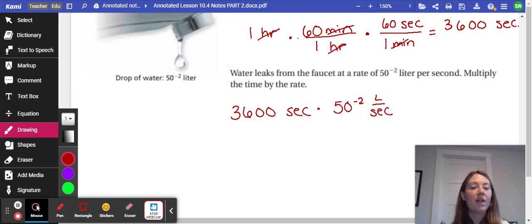Now the reason we're multiplying these two things is because, just like when we did the conversion in the previous problem, seconds are going to cancel out. We're going to end up with liters. That will be the answer to our problem. The question had asked how many liters of water drips in that amount of time. So this will give us that answer.